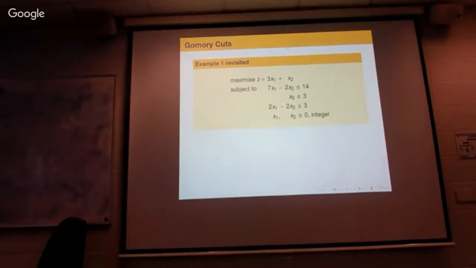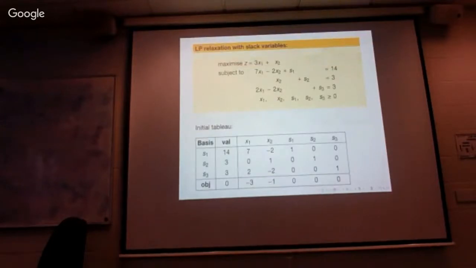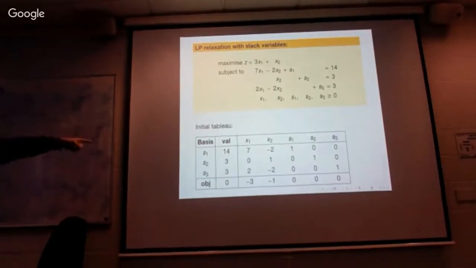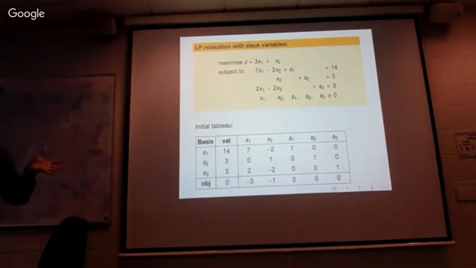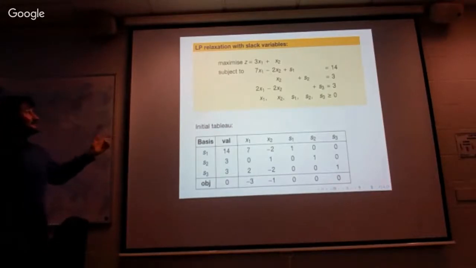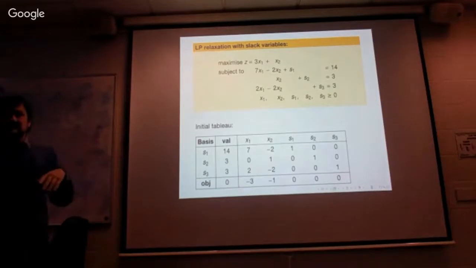That's always a good idea, because if the solution happens to be all integers in the LP relaxation, where I forget the integrality, then I've already solved the problem and there's nothing else to do. And so I'm happy.